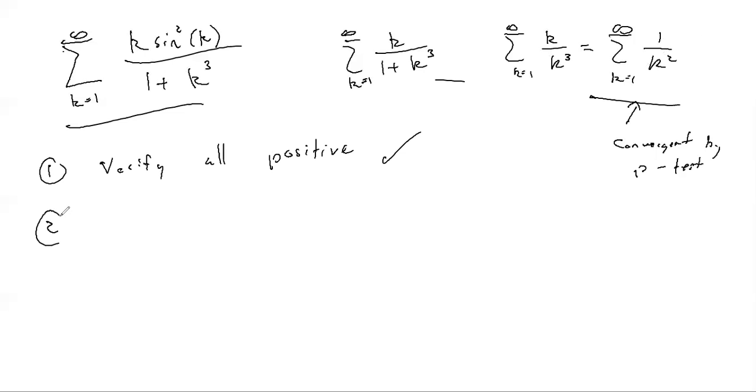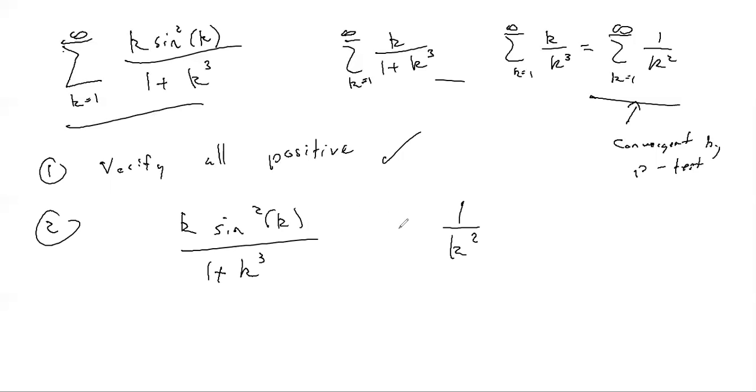And then what about my inequality? Is there some inequality going between these two? I'm comparing these two. To show that this series is convergent, I need this inequality. Is that true? Let's see. Sine squared.